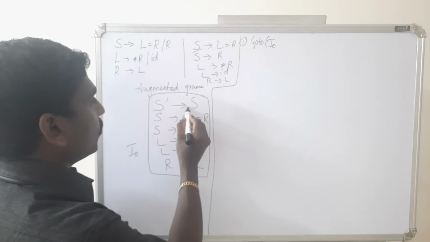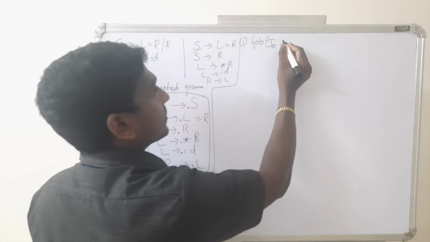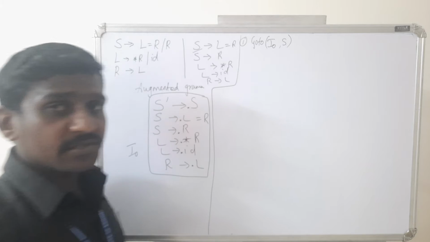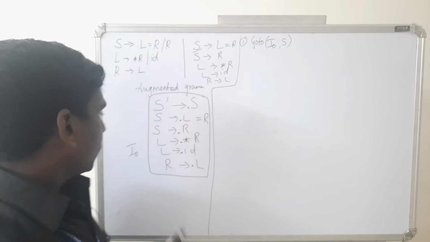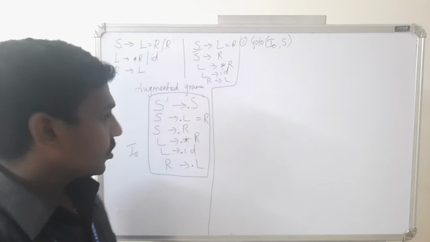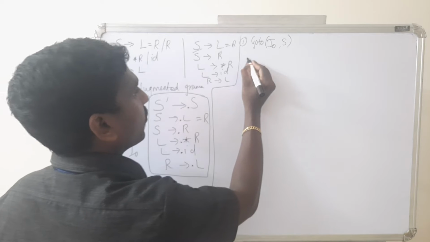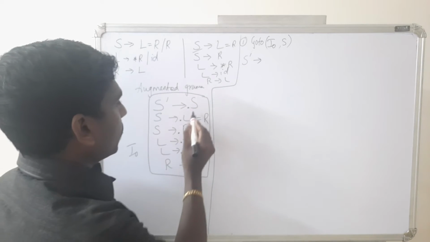First we see go to of I0 comma S. Why S? Because the dot is present near the S in item 0. So we write go to of I0 comma S, and we write S dash tends to S dot.